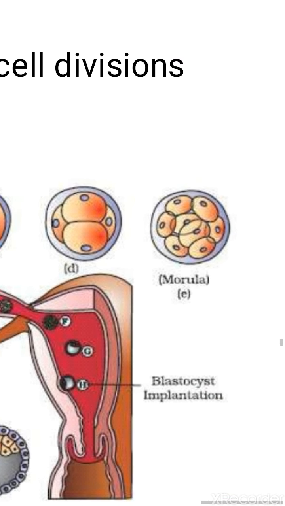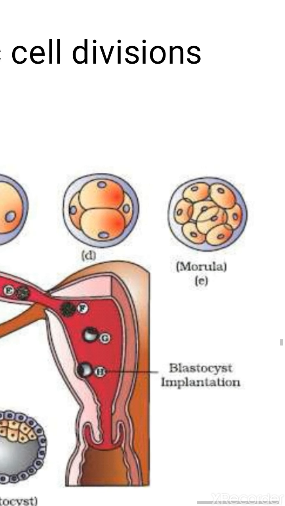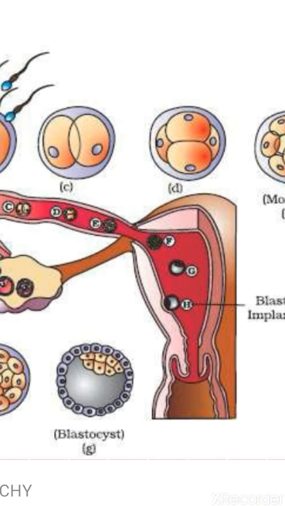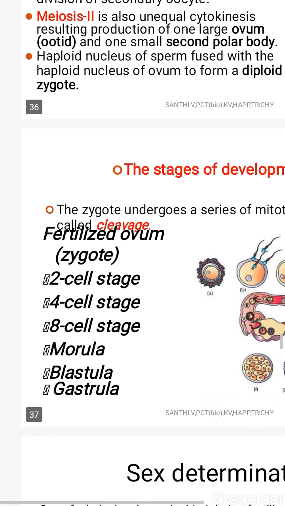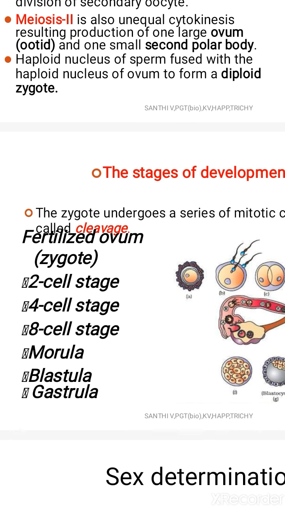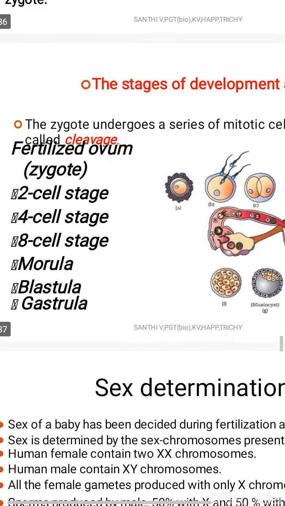Then later blastocyst and gastrula. These are the different stages: zygote, then 2-cell, 4-cell, 8-cell, then a countable number of cells, which you call the morula, then later the blastula and gastrula.